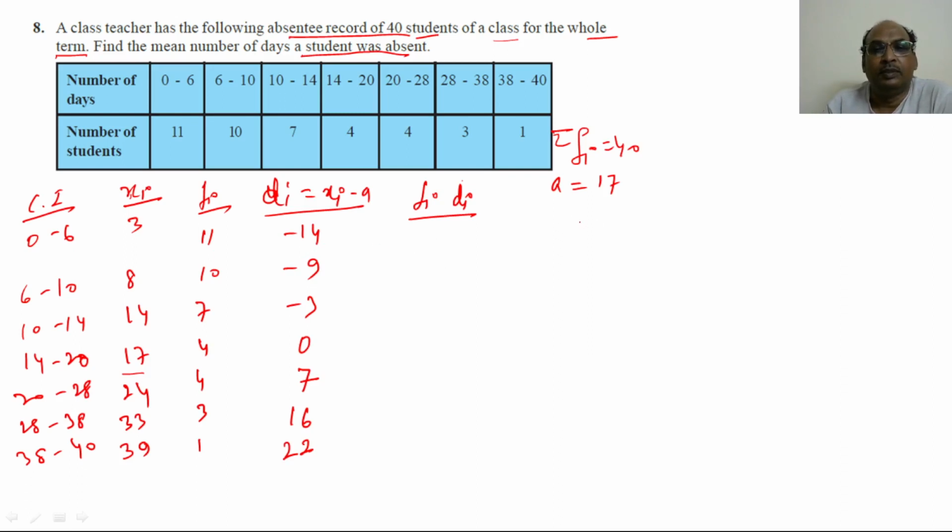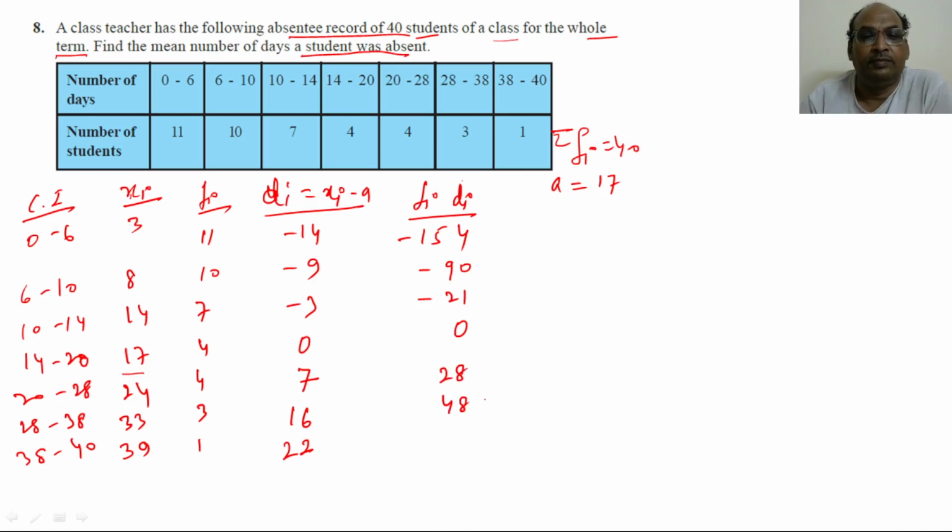So 11 into 4, 44, 11 into 14 is minus 154, this is minus 90, this is minus 21, this is 0, then 28, 48, and 22.